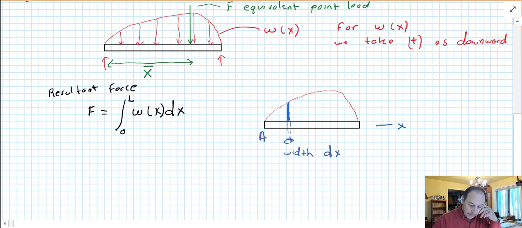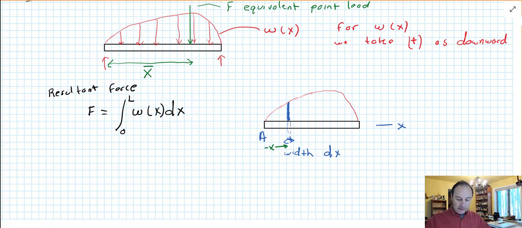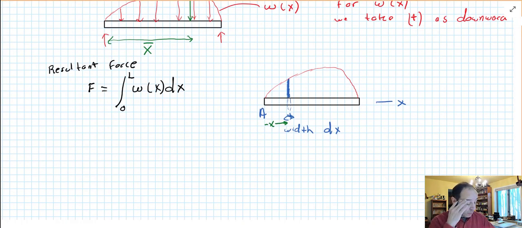All right, and so x is the distance of that particular rectangle, that particular area of interest, from some point A. We're taking it from the end of the beam there. All right, so what are we trying to do here?